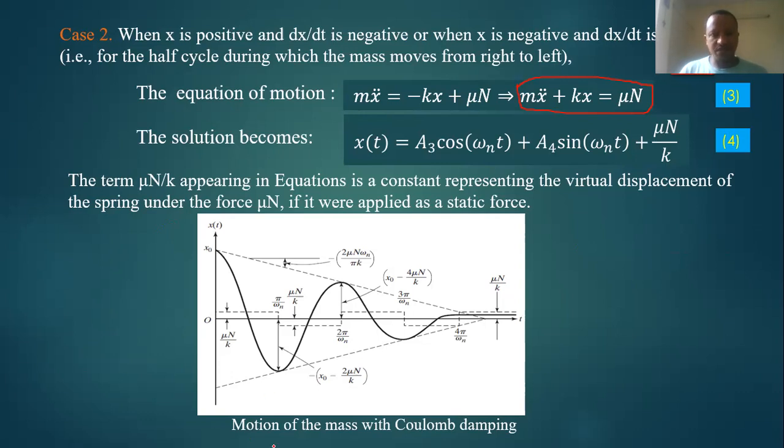This graph indicates how the amplitude decreases every half cycle, and even within every quarter cycle. We can see it later. So the motion of the mass with Coulomb damping is represented as this graph.